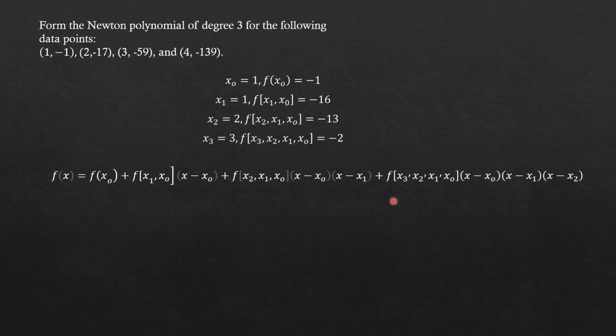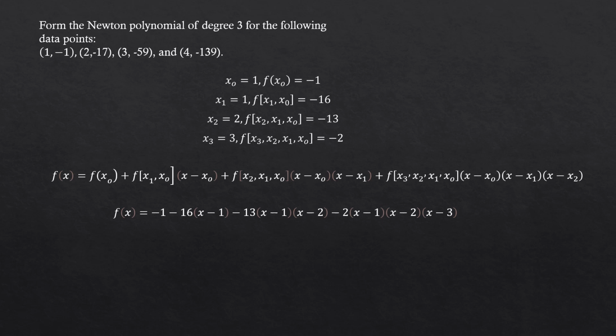And finally, the third finite divided difference f of x3, x sub 2, x sub 1, x sub 0 multiplied by x minus x0 times x minus x1 times x minus x2. We simply substitute the values of these finite differences and your xi's.